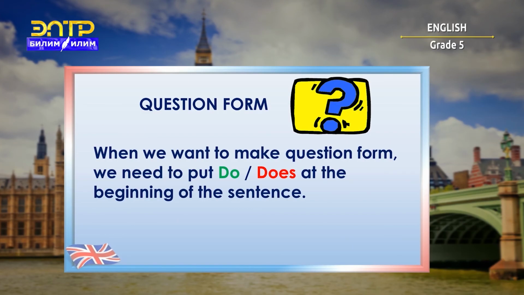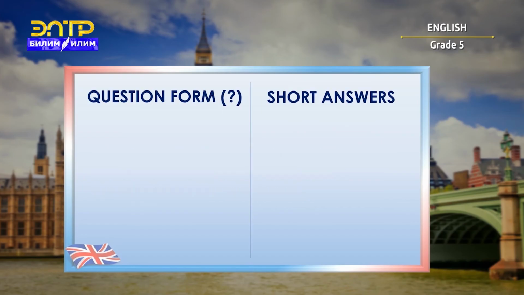When we want to make question form, we need to put do or does at the beginning of the sentence. Let's ask the questions and give short answers. Do I have to go? Do you have to go?